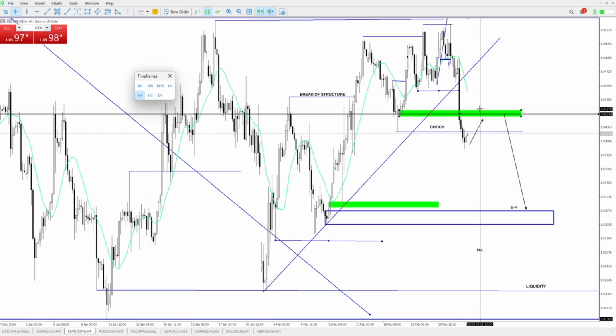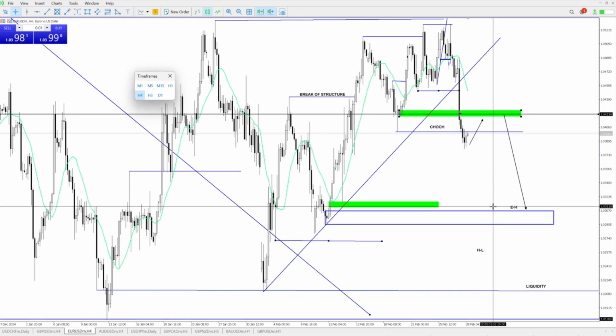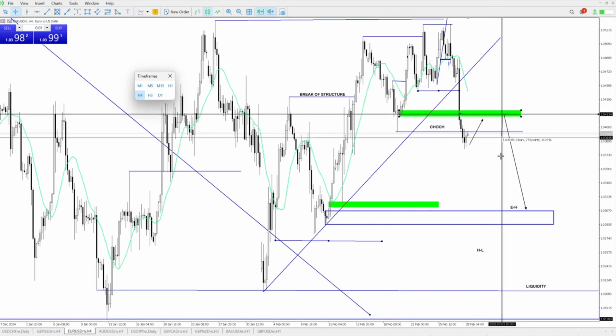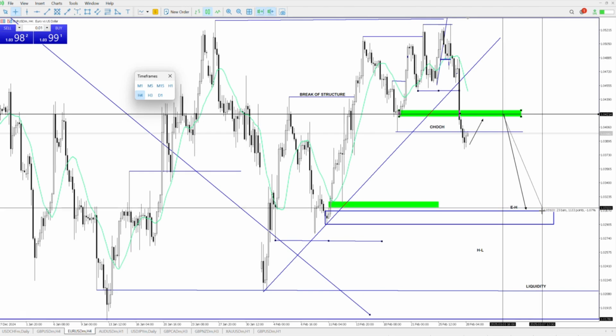Now, stop loss at this point, entry at this point, and exit at this point. So let's take a look at our risk reward ratio. If you are assuming we're entering at this point to sell, this is 112 pips.